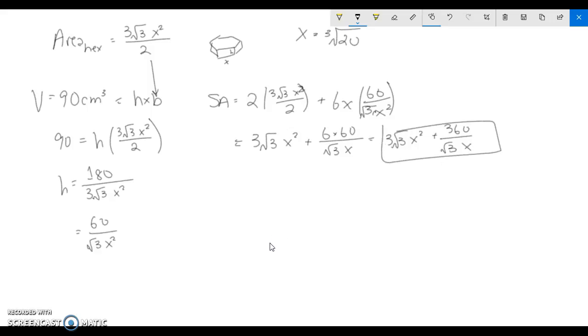So it says show that when x equals cube root of 20, the total surface area of the box is a minimum, justifying that this value gives us a minimum. Well, to find the minimum of this equation of our surface area, I'm going to use the derivative.